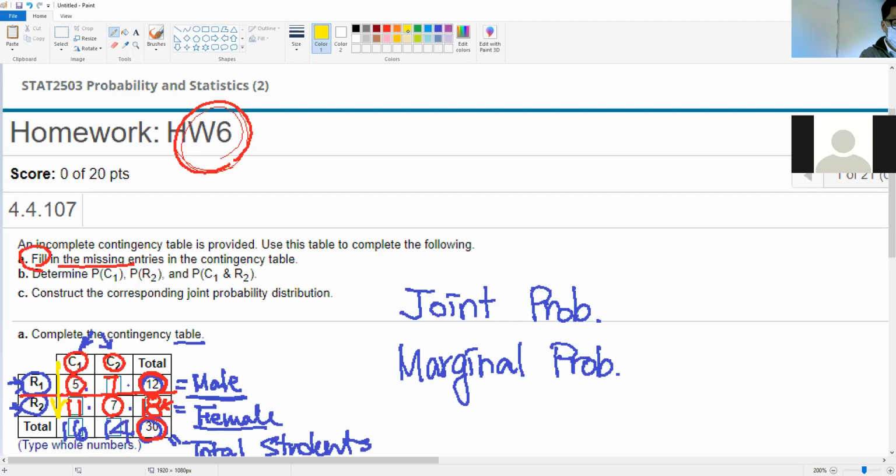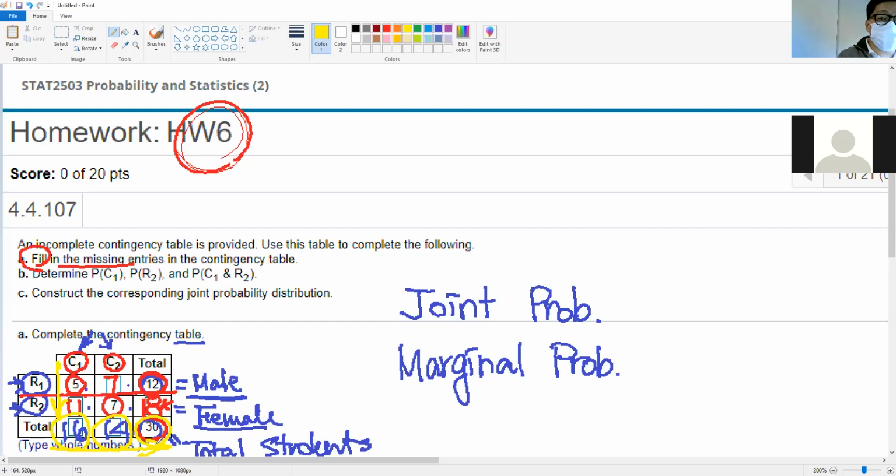And finally, even this way, it's 16, 14. We are going to take the 30, the total number of students. So from the given counts, we can fill up the other cells in the table.